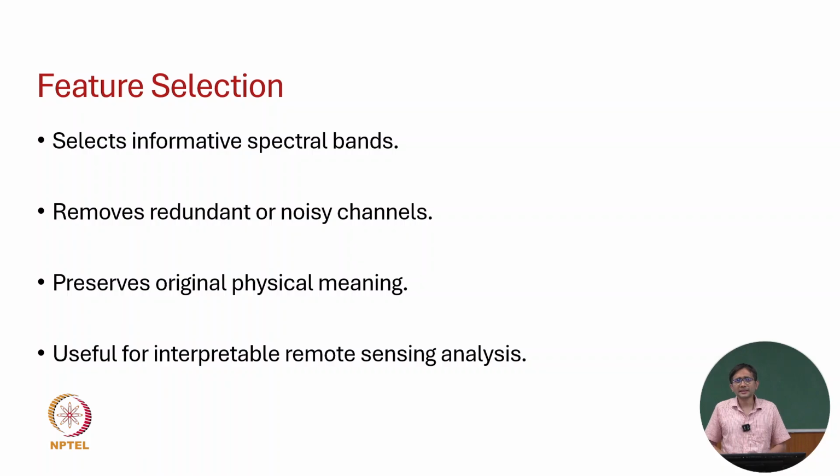Given a particular band, some of the other bands become redundant, right? So we will then try to remove those redundant bands. We will try to do it in a way that our original physical meaning is retained. The feature selection, as we have already mentioned, is useful for more interpretable analysis.